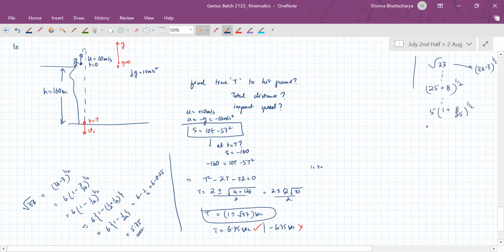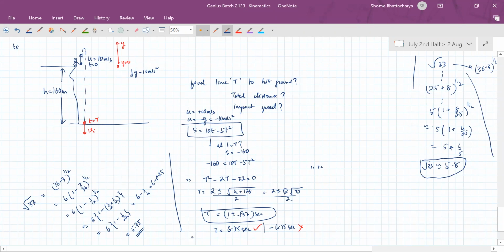So that is approximately equal to 5 into 1 plus 4 by 25. This will give me 5.8. So two separate methods that I'm taking of using the binomial approximation give me slightly different answers, but rounded off to first place of decimal is okay.